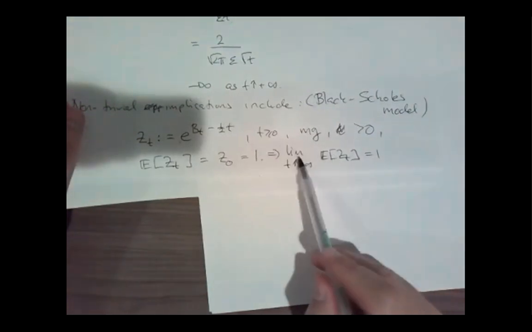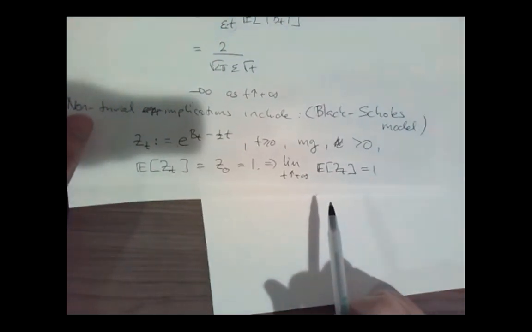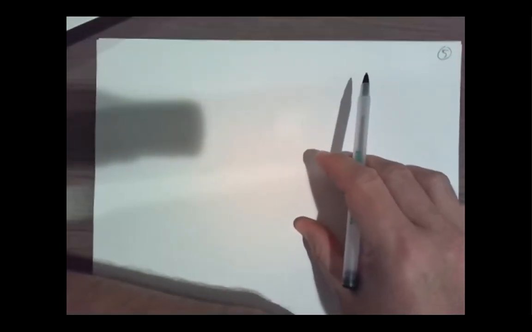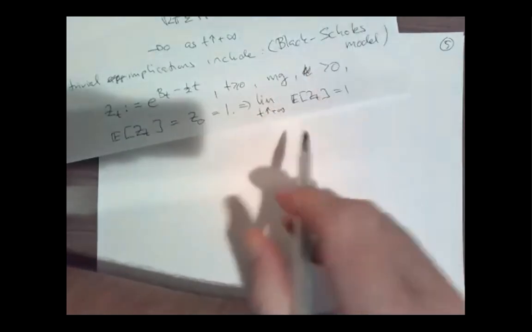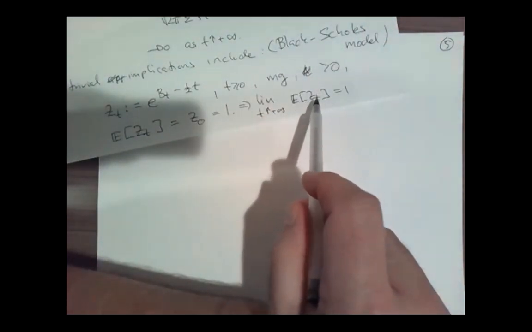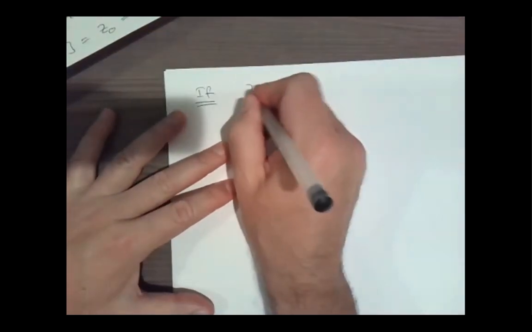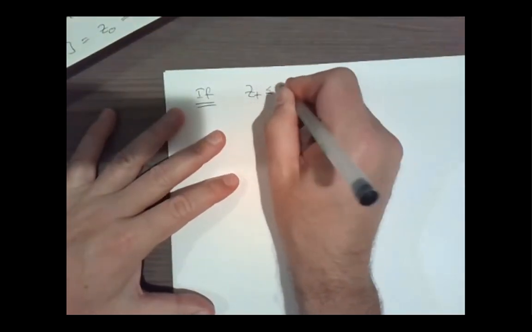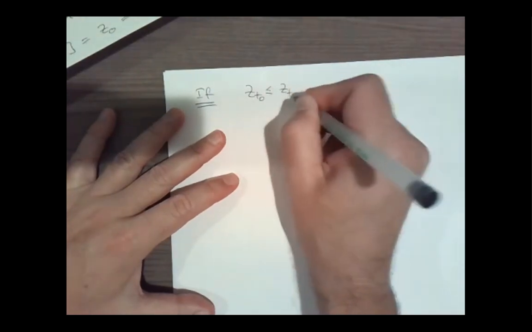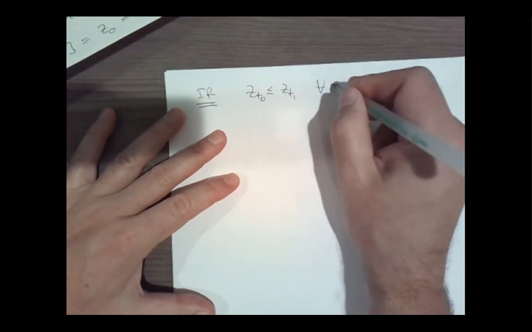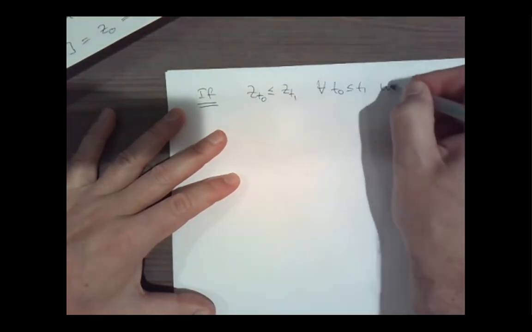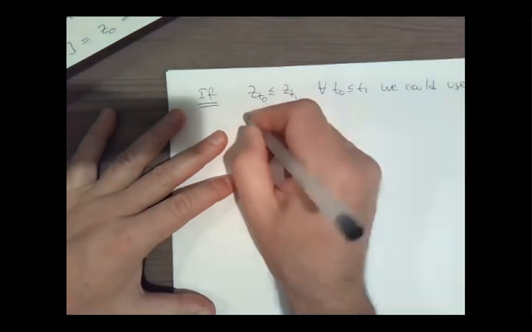Could I pull the limit inside? Go ahead. This is relating to monotone convergence, right? Yeah. If you had monotonicity, which is a big ask, if Z_t would be less than Z_t1 for all t less than or equal to t1, we could use monotone convergence.